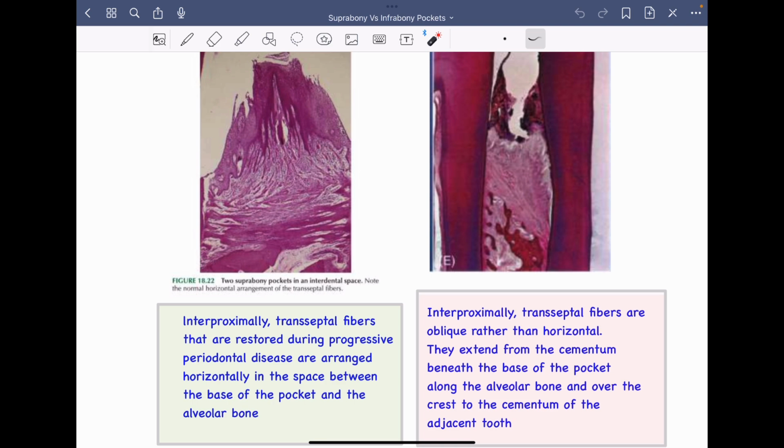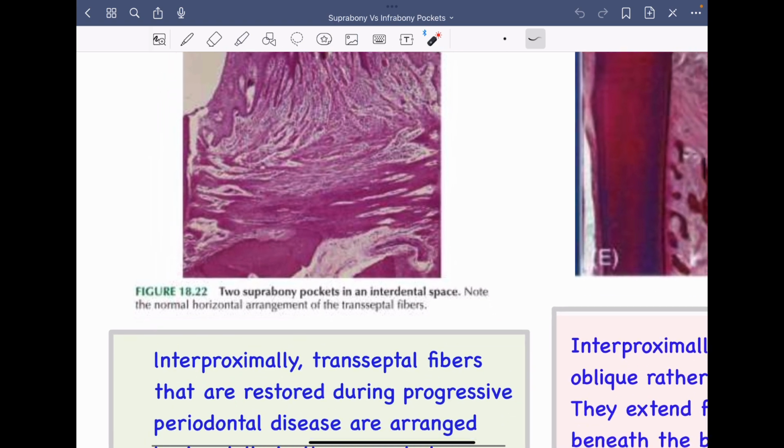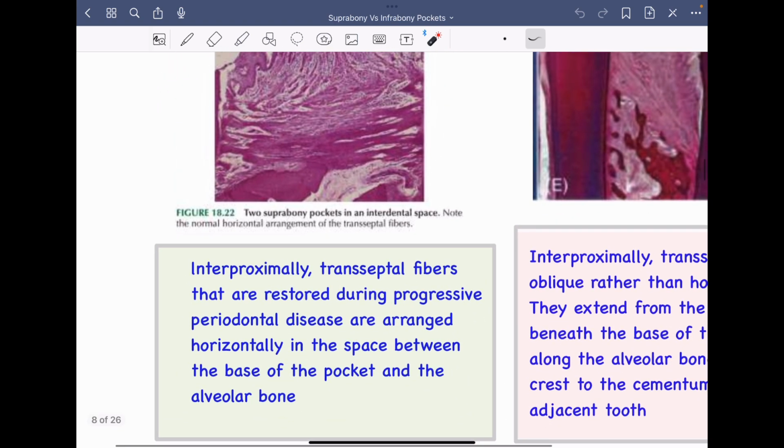You can see there is a horizontal arrangement of the transseptal fibers. In case of suprabony pocket, interproximally the transseptal fibers which are restored during progressive periodontal disease are arranged in a horizontal fashion in the space between the base of the pocket and the alveolar bone.